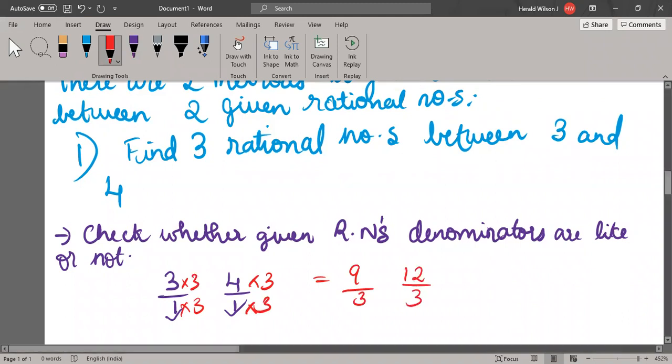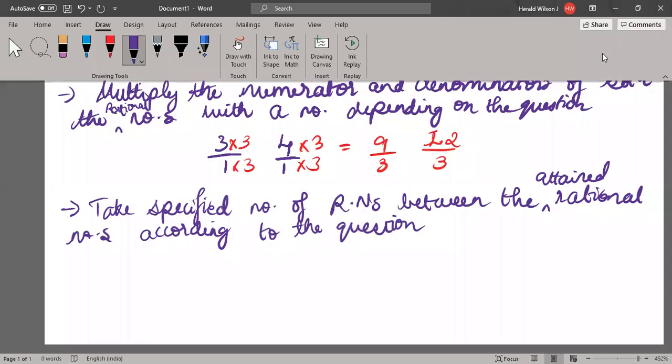Okay. So now let's look at the last condition, which is the next one. The next condition is take the specified number of rational numbers between the attained rational numbers according to the question. Now, before we move on to this, did you understand how we got 9 by 3 and 12 by 3? I took a number 3, for example. You can take 6, 7, 8, 9, 2, 3, 4. It is your choice. But just for my sake, out of my random choice, I've taken 3.